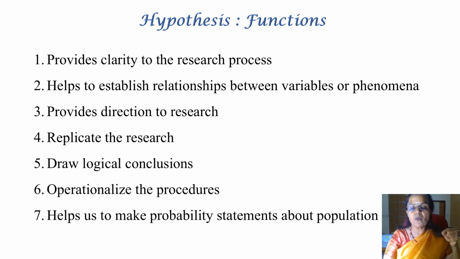It predicts about the population parameters, which is the mean achievement. And here this hypothesis is non-directional and it is a statistical hypothesis. We will see in the following slides what they are.